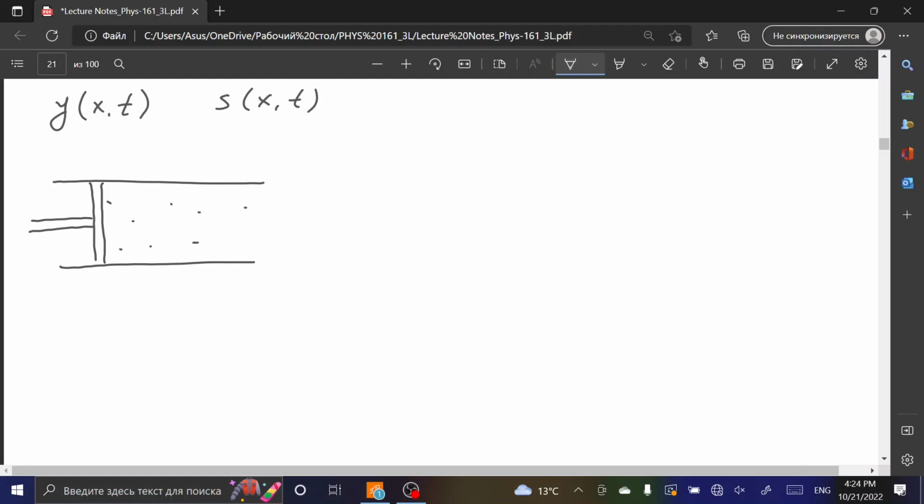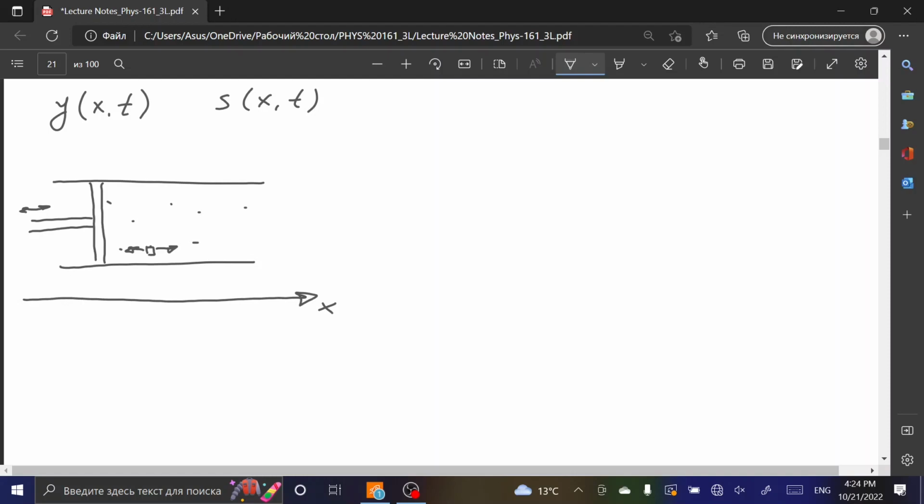And we have a piston which is vibrating, moving back and forth with a certain frequency. So that creates, first of all, motion, like displacement of these small elements of air. Let's show it like this. So it moves back and forth along axis x.